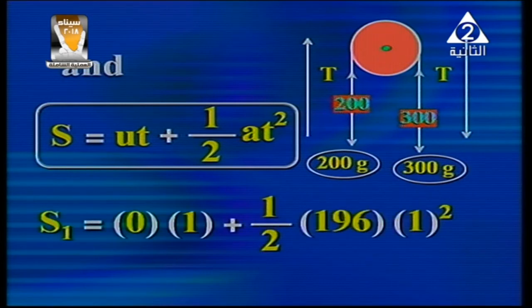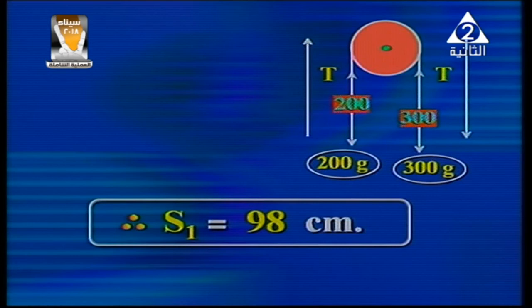By substitution, initial velocity 0, t equals 1, a is 196, we find the value of s1 equals 98 centimeter.